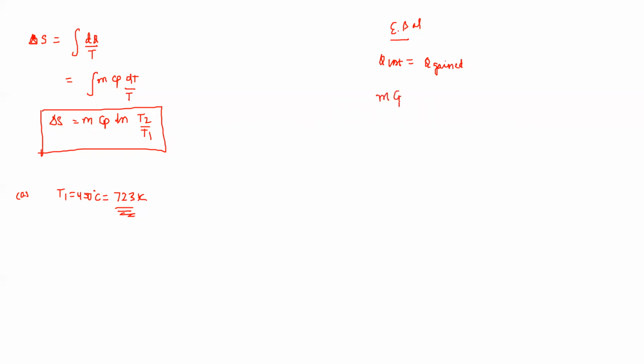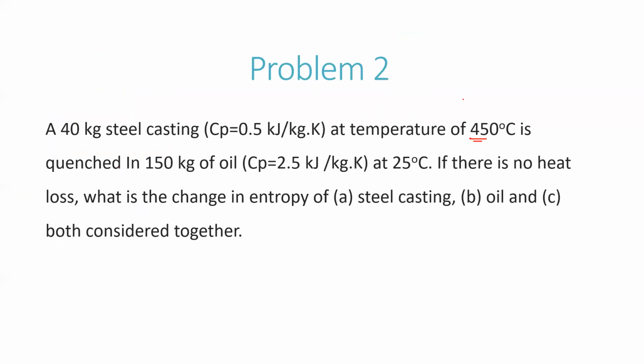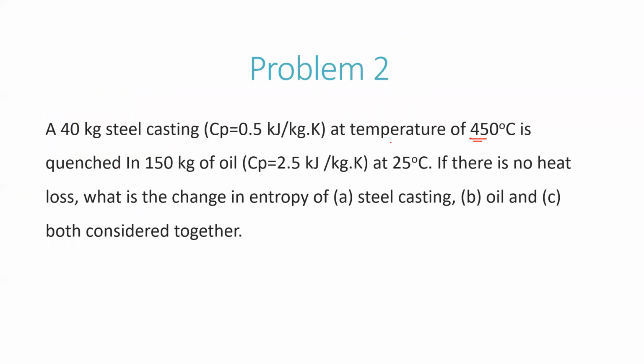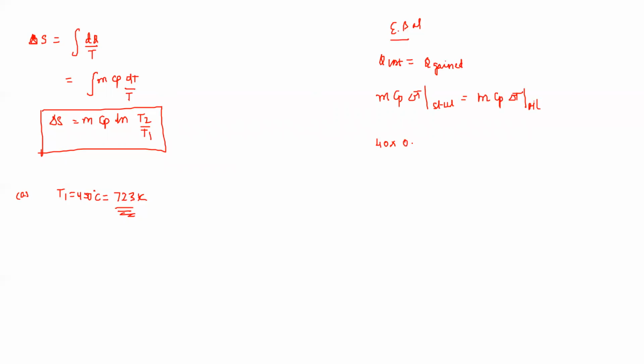So m Cp delta T for steel is going to be equal to m Cp delta T for oil, right? So m for steel is 40, Cp is 0.5 kilojoule per kg Kelvin, and delta T is going to be, not 450, 723. Take this in Kelvin.